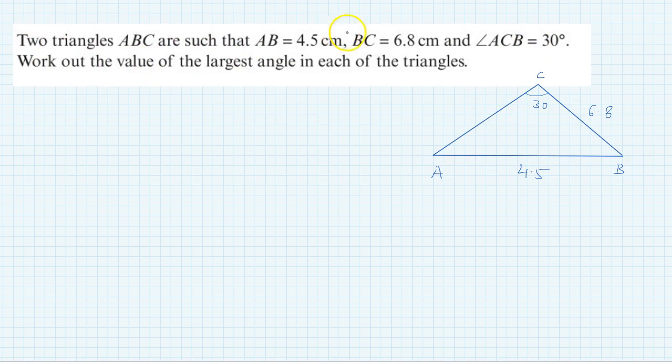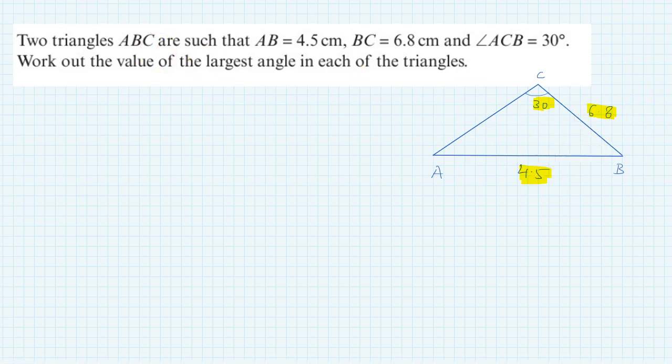Now it's saying two triangles. Then definitely it's not one triangle. There is no single triangle, but there is an ambiguous case. It means, what is fixed there? This angle is fixed. These two sides are given. So in this case, this is fixed, this is fixed, and this is fixed, and the angle between them is not given, so it's a case of sine rule.